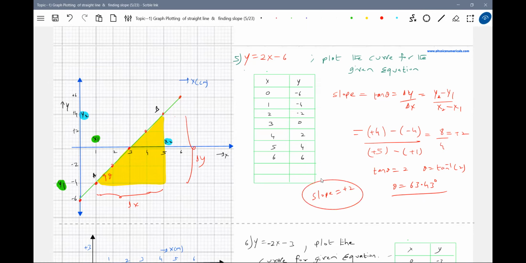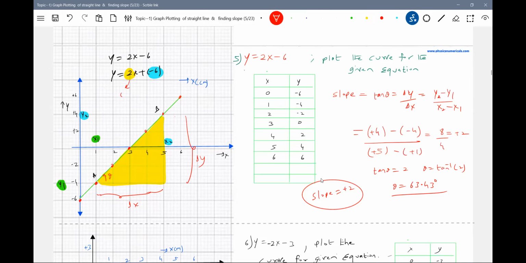So look at it, it's having a negative y-intercept. And what is this quantity? Slope. So in the equation y equal to 2x minus 6, what is the slope? This is the slope and this is the negative intercept. You can rewrite this as y equal to... now look at the intercept.